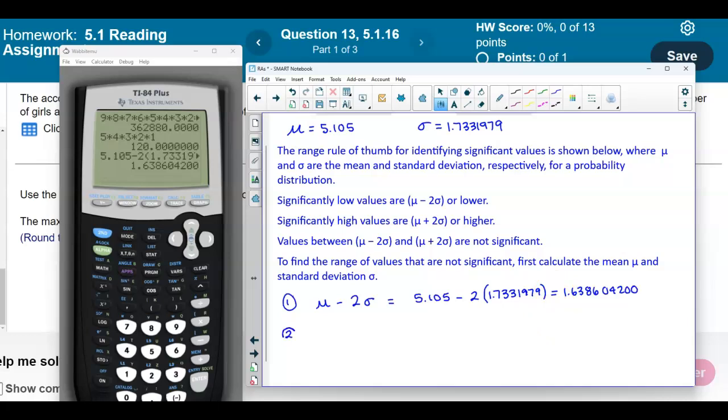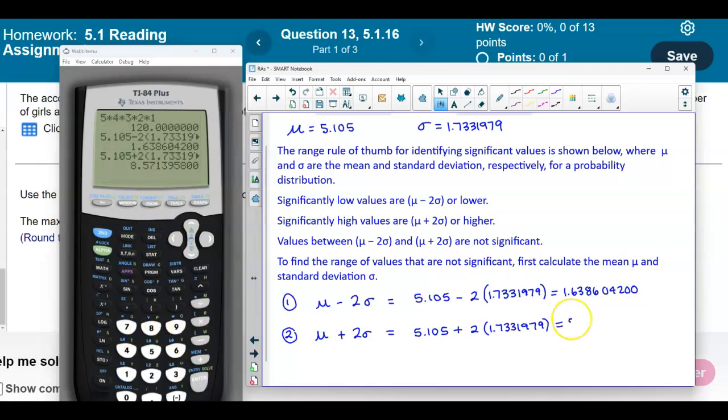So the second one, we're going to take the mean and then plus 2 times the standard deviation. So therefore it's going to be 5.105 plus 2 times 1.7331979, and then we get the following number.